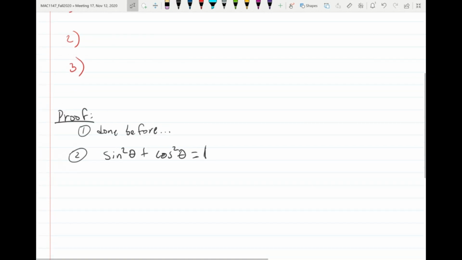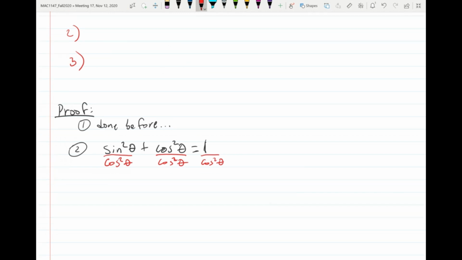Okay, here is what we can do. Okay, so we have sine squared plus cosine squared equals 1. And what we can do is, well, nobody stopped me from dividing both sides by cosine squared. So let's do that. I'm going to divide both sides by cosine squared. If we do that, let's see what we get.